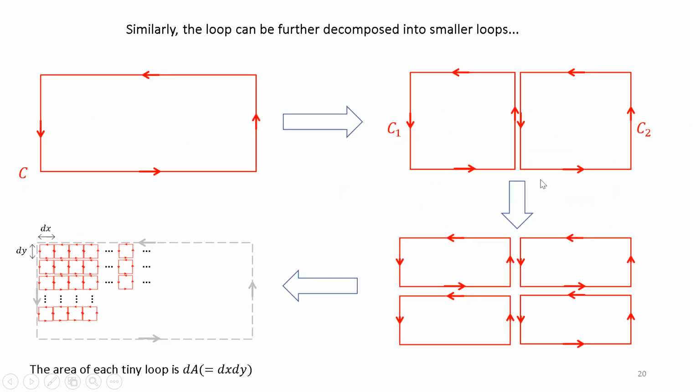So now I'm going to repeat the same procedure over and over again. 1 split into 2, 2 split into 4, and so on, until I have so many loops that each of them is just a small square loop with length and width dx dy.